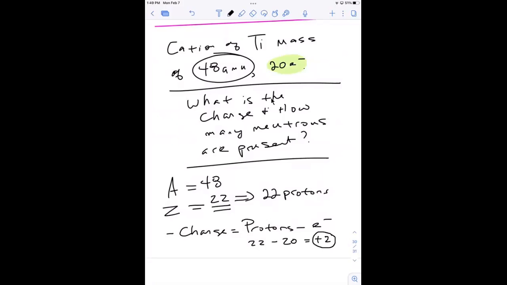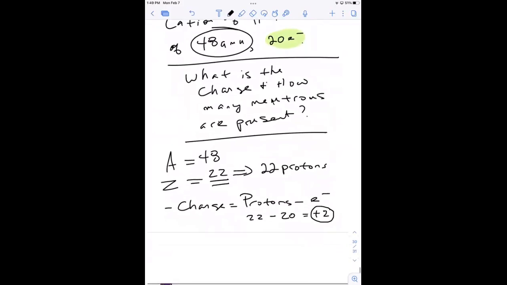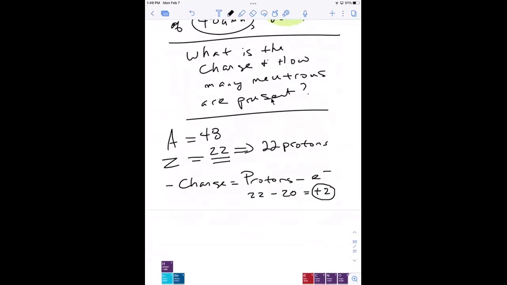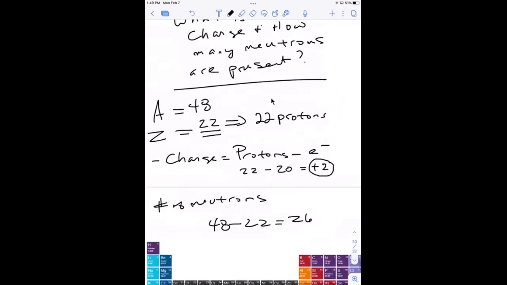So the charge on that titanium atom with 20 electrons is +2. Now we can also figure out how many neutrons are present by taking the mass, which is 48, and subtracting out the atomic number. So this is atomic mass, this is atomic number, and we get 26 neutrons.